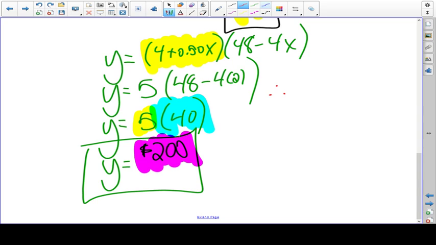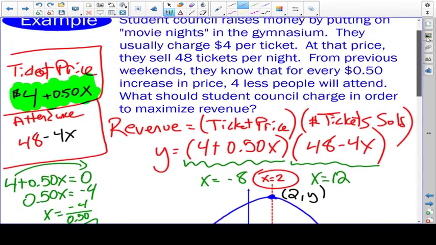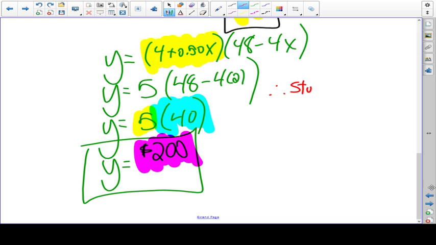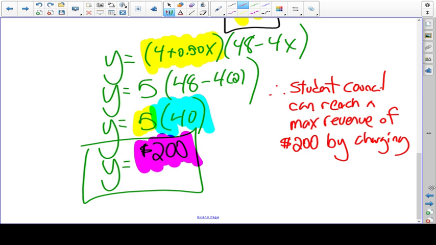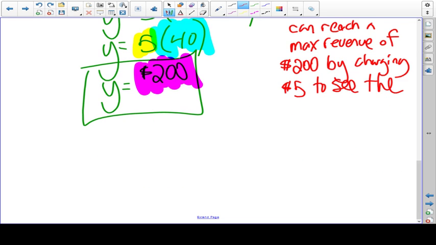So, we're talking about student council here? Yeah. So student council can reach a max revenue of $200 by charging $5 to see the movie.